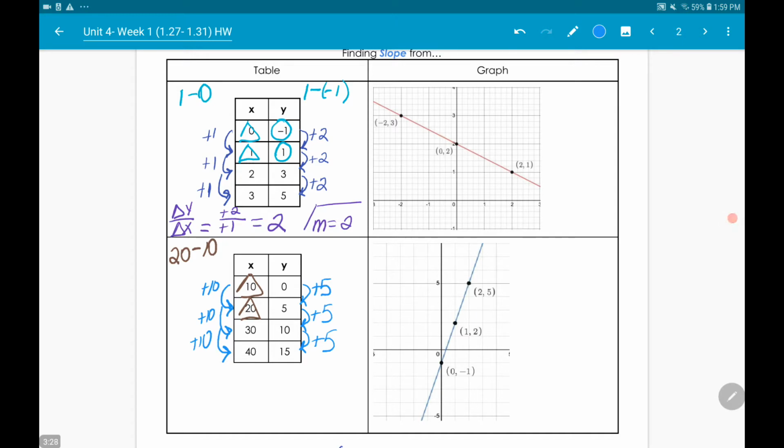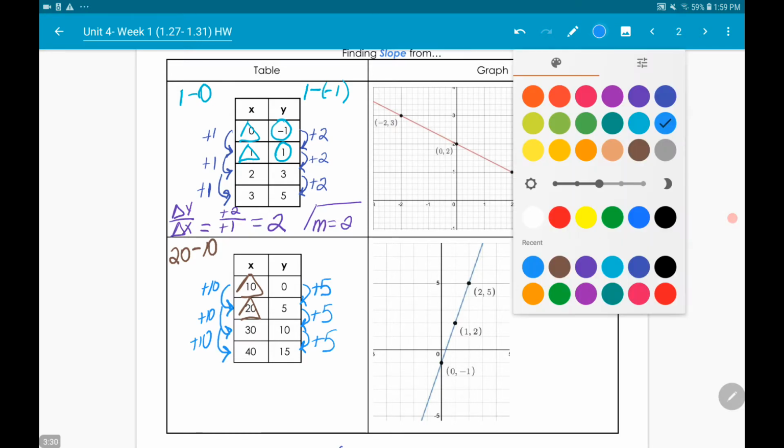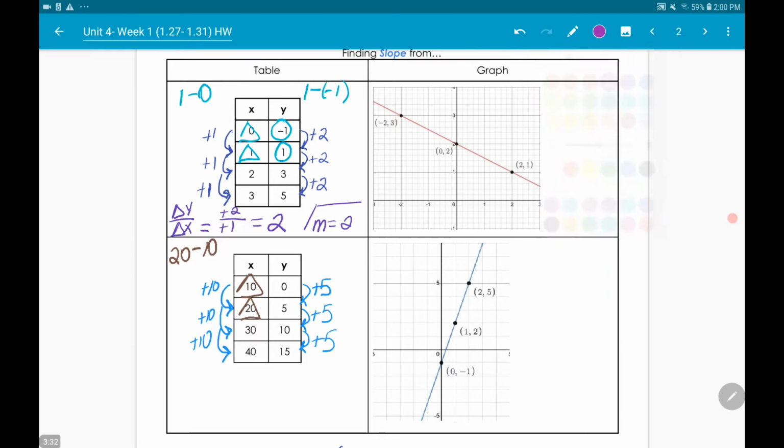And again, that's not my final answer. We need to actually calculate the slope, calculate the change. So my y over my x, which is my 5 over my 10. In your calculator, if you put this in, you're going to get 0.5.